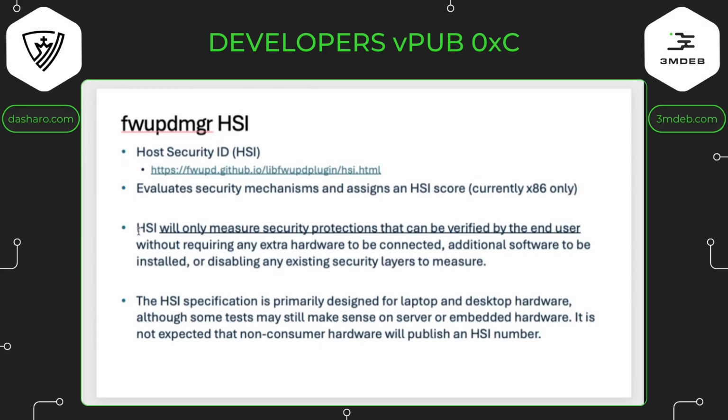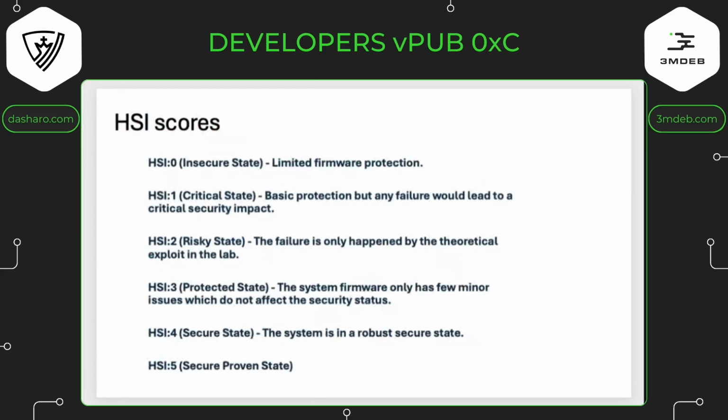The idea is they don't want you to have to install a new kernel driver or do invasive things that might change the state of your system in order to do a security assessment. They want to run the tool on a production system as it is to assess security state. So that's what HSI is.